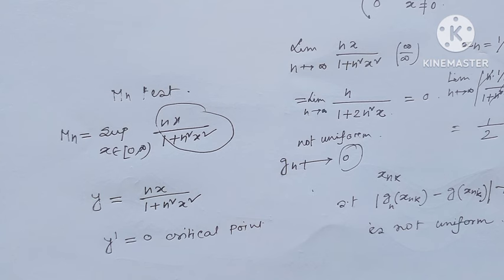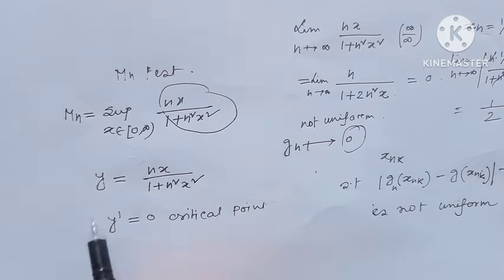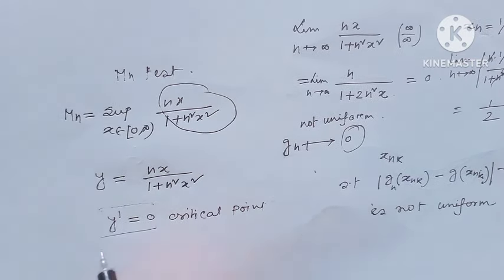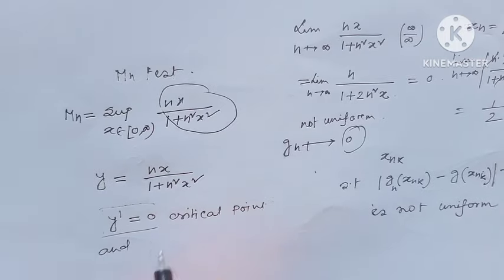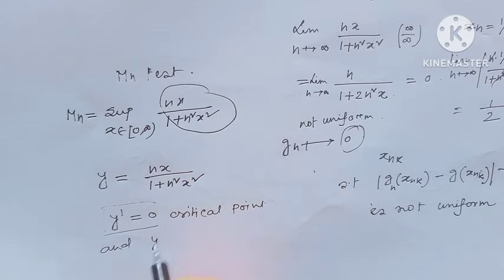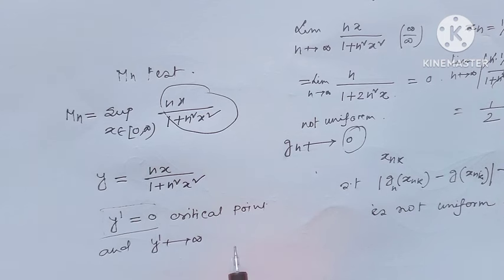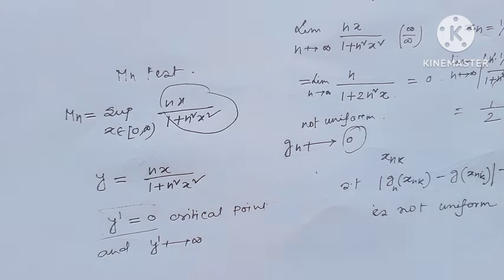The definition of critical point means y dash equals 0. That means all the points where y dash equals 0, and all those points where y dash tends to infinity, the function has either a maximum or minimum.